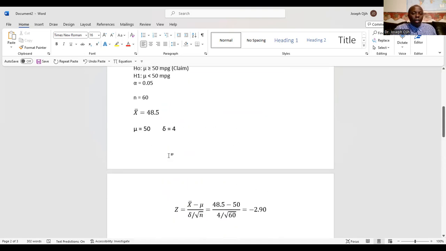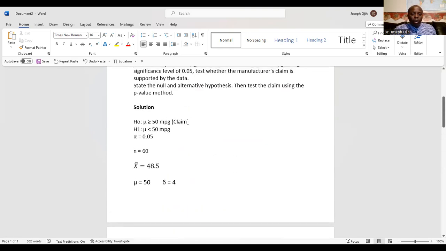So that means we are rejecting this one here. We're rejecting this. Okay. So we are rejecting the claim. That means if you reject this, we're accepting the alternative.